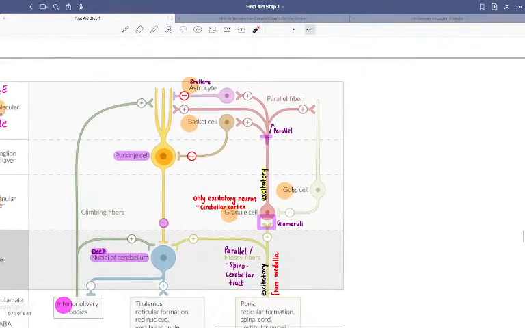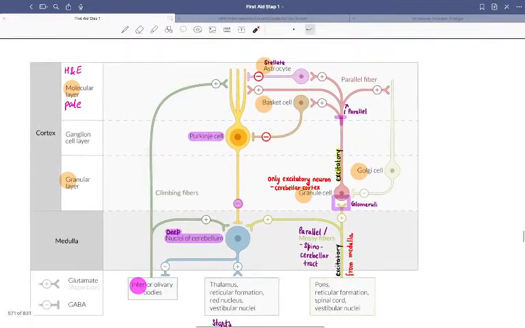So my main objective here needs to be the deep cerebellar nucleus. I have to make sure that it stimulates the cortex, reticular formation, red nucleus, and vestibular nucleus. That is the main thing. I need to make sure that my deep cerebellar nuclei, which is taking my output, is stimulated, that is positive.